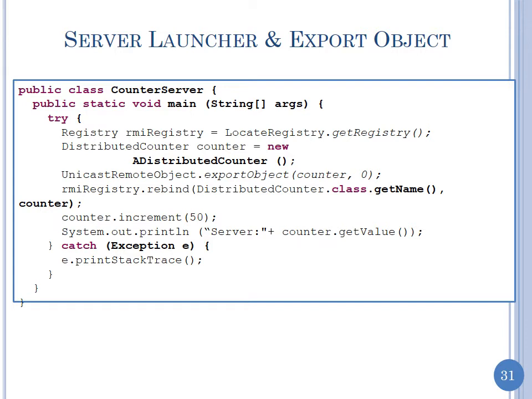There's some table in the server that stores the association, and when we now say rebind, I'm giving this name, the class name, DistributedCounter.class.getName, the same name the client used, and I'm giving the counter object. Because there is a proxy associated with the counter object, what is actually sent is not the counter object, but the proxy object.